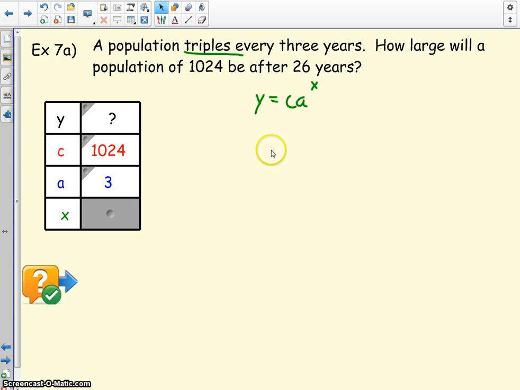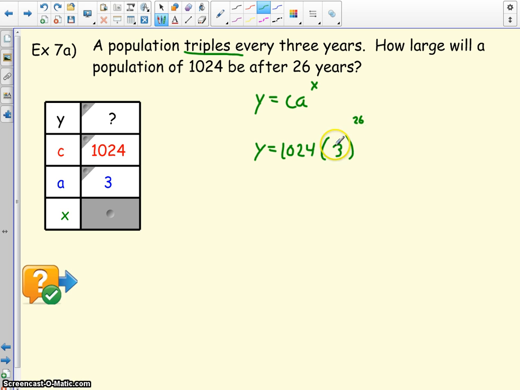Now, where this can be a little bit tricky, it says we want to find out how large the population will be after 26 years. Well, it's going to be very, very tempting to put 26 in for x. But let's just think about what would happen if I did that. So if I have y equals some initial value, 1024, base of 3 and exponent of 26.